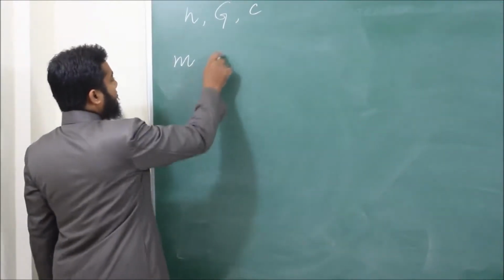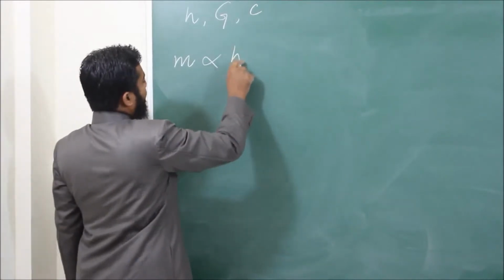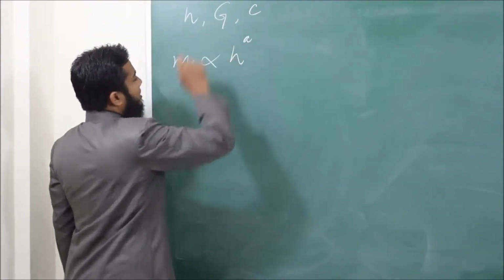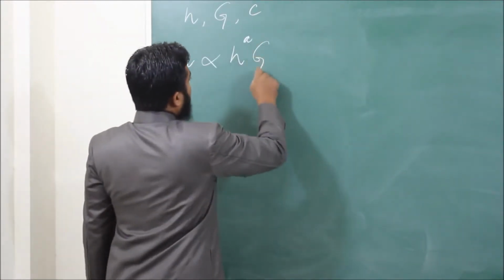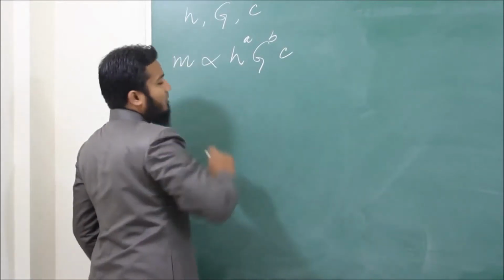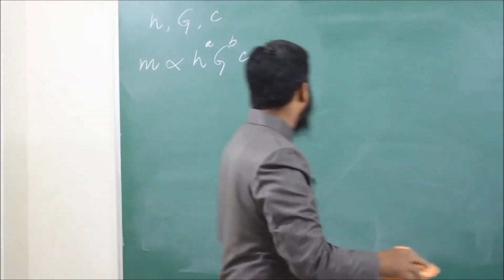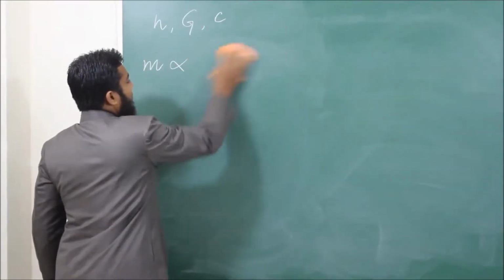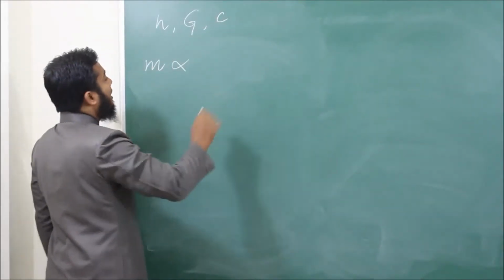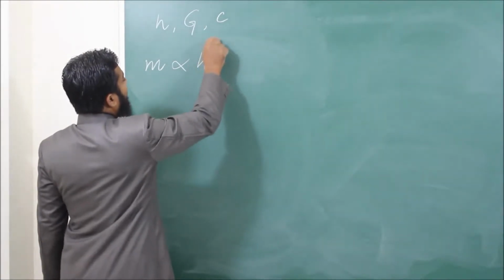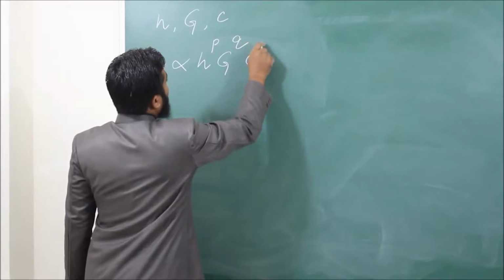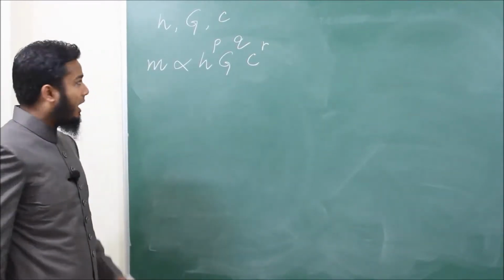So I will again make a guess, and I will say that m is directly proportional to h raised to the power some a, and g raised to the power some b, and c, okay, so I shouldn't be using a, b, c because c is being used for speed of light. So let's write the exponents as h raised to the power p, and g raised to the power q, and c raised to the power r. Okay.